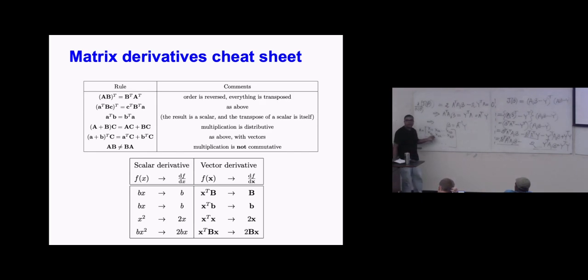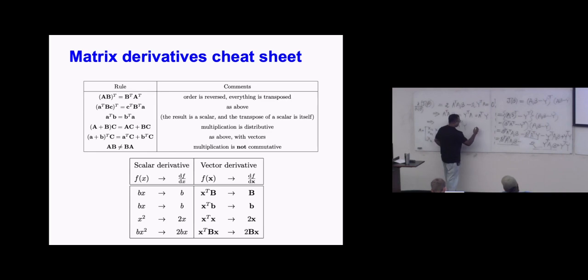Is it a square matrix? Very unlikely, right? Because the dimensions p and n are very unlikely to be the same. So even if we want to do this, we don't have a square matrix in our hand in the first place. Now, A transpose A, is that a square matrix?